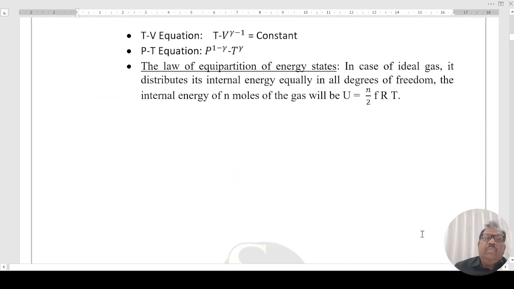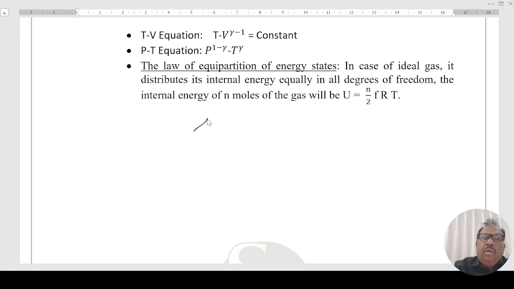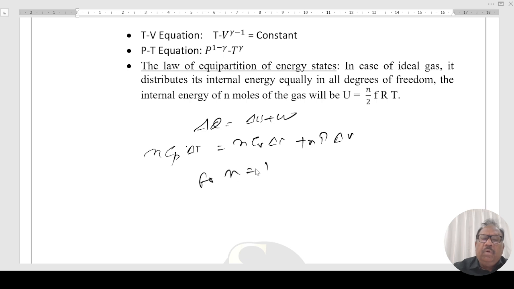Now, in this case, they are related: delta Q equal to delta U plus W. So heat given at constant pressure is n Cp delta T equal to n Cv delta T plus P delta V, and for 1 mole n equal to 1.